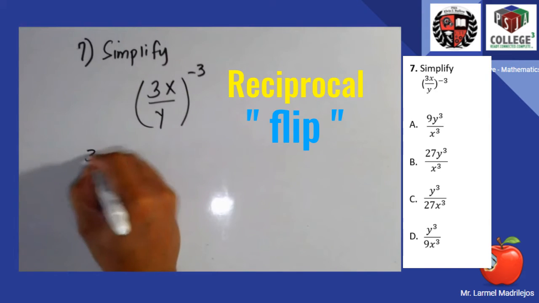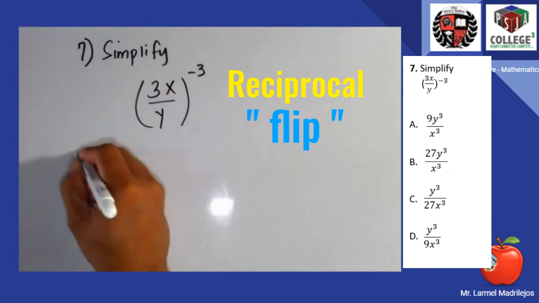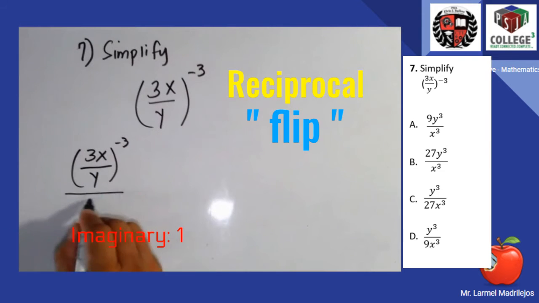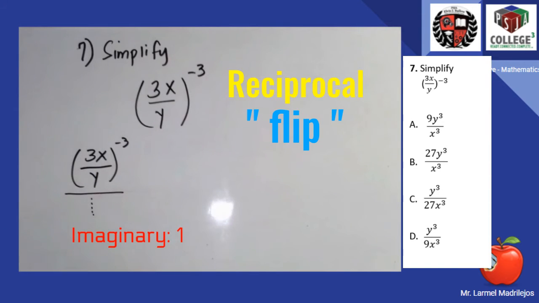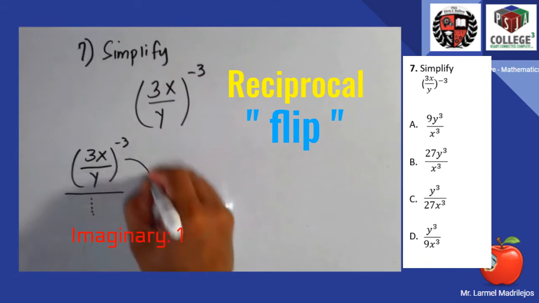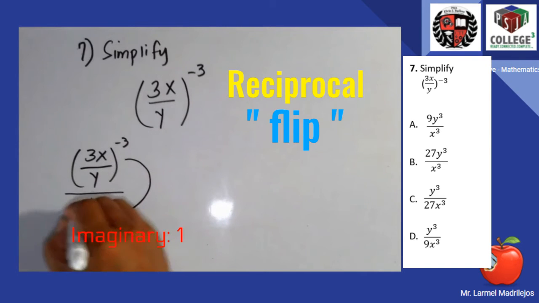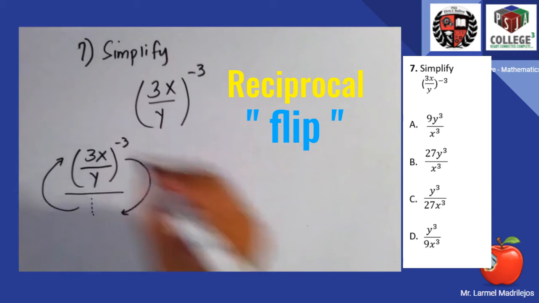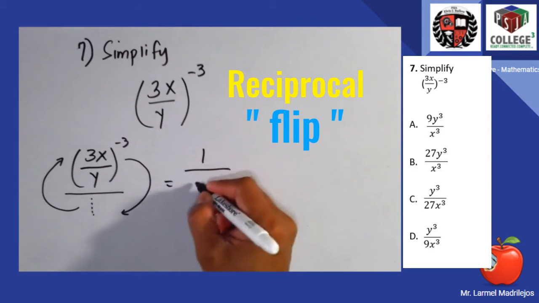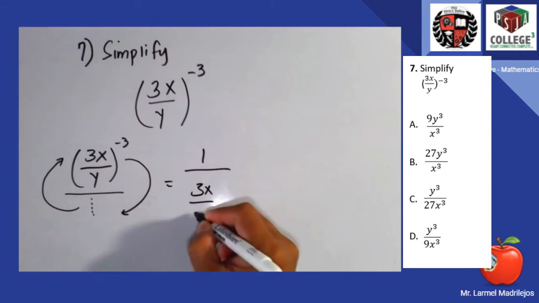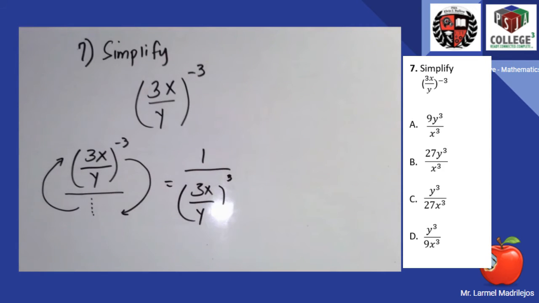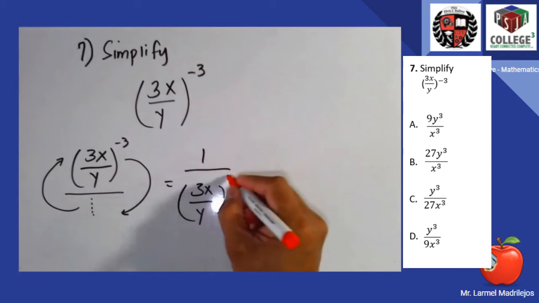Let me write it small here: 3x over y, raised to negative 3. The rule from earlier, there's an imaginary 1. So you flip them, take this to the denominator and put this on the numerator, and change the sign. So 1 over 3x over y, change this to positive 3.